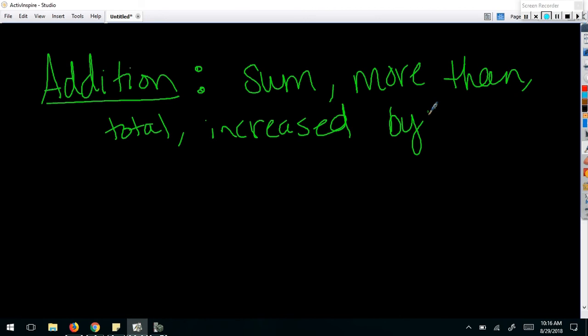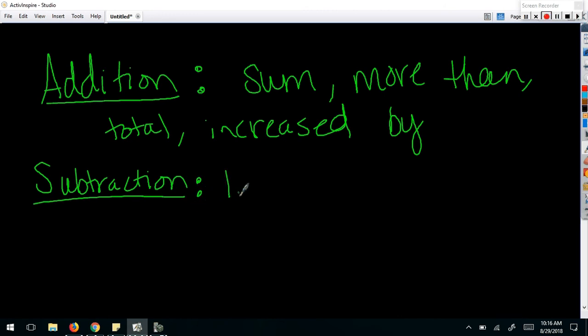How about subtraction? Somebody said take away. What else? How about minus? 5 minus 2. What else?